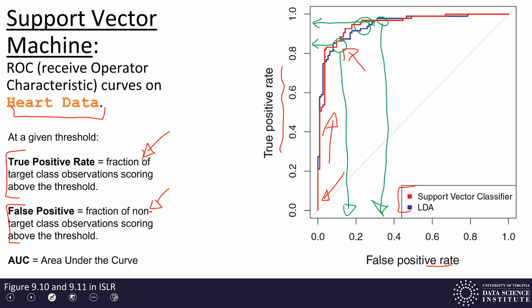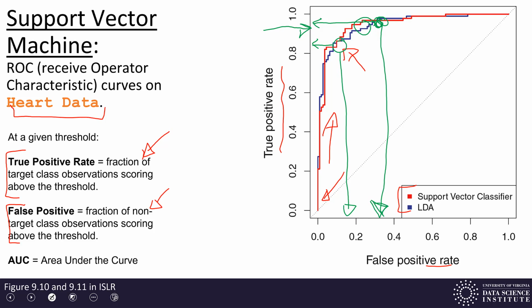So 35% of the people who come into the doctor and are measured with the measurements in the heart data, and then they put through a classifier and their probability comes out to whatever that is or above, 35% of the people are going to be flagged as you're a heart attack risk. But out of the people who are going to have heart attacks, 95% of them are going to be flagged as high risk before they have their heart attack. And so things can be taken to take further tests or to start remedying conditions that are putting them in that very high risk category.